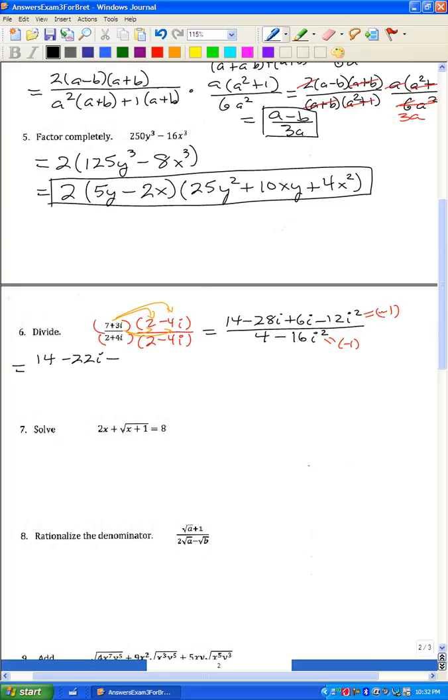Negative 12i squared is the same as negative 12 times negative 1, positive 12. 4 minus 16i squared is the same as negative 16 times negative 1, plus 16. And so 14 plus 12, 26, minus 22i.